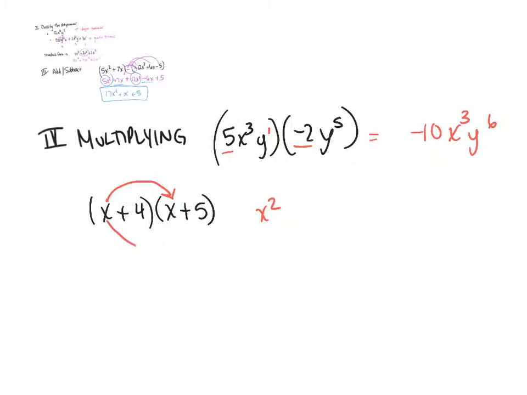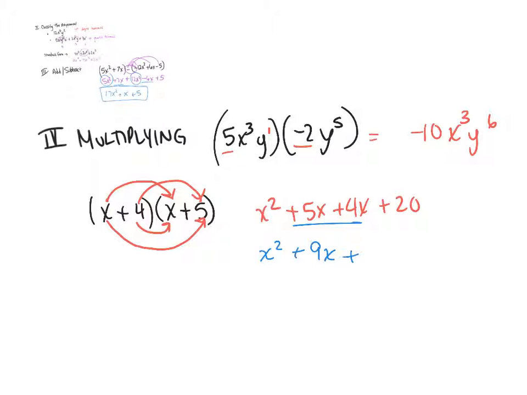Then you can do that, same x to the next one. Then you move over to the 4 times the x, and then the 4 times the 5. Combine those like terms, and you get x squared plus 9x plus 20. You get a quadratic trinomial when you multiply two binomials.